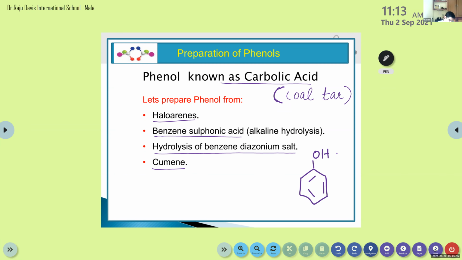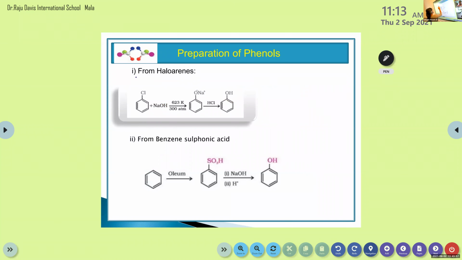Okay. So here the first method is from haloarenes. What is haloarene? An aromatic ring with one halogen. Here the example is chlorobenzene.